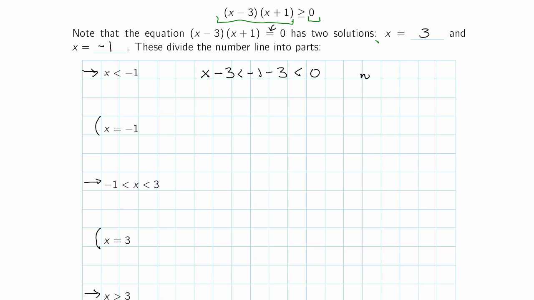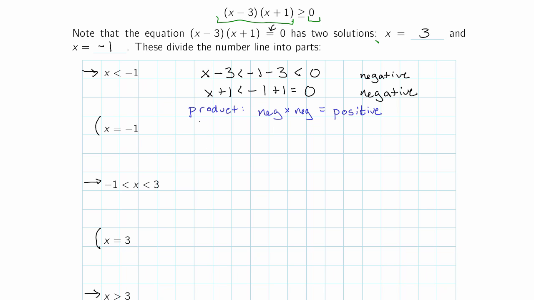So this is negative. And x plus 1 is less than -1 plus 1, which equals 0. So x plus 1 is also negative. And then the product is a negative number times another negative number, and so it's positive.